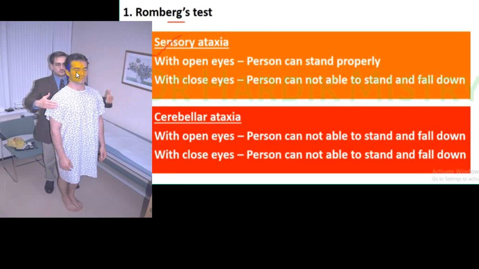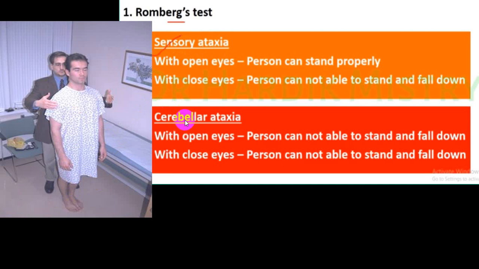Means the second input to the cerebellum is stopped. Now the person gets ataxia. If he keeps the eyes open, he can maintain the balance by widening the two legs, means separating the two legs and widening the arms. So he increases the area of gravity. So that will be classical sensory ataxia.